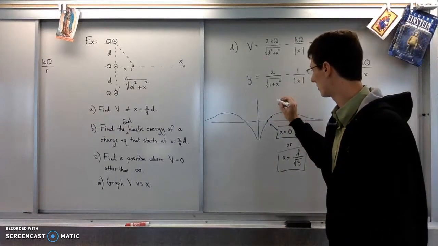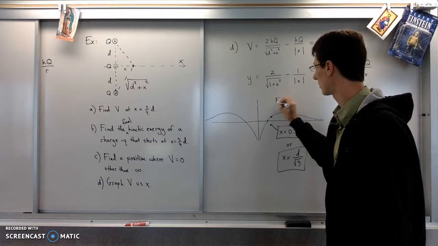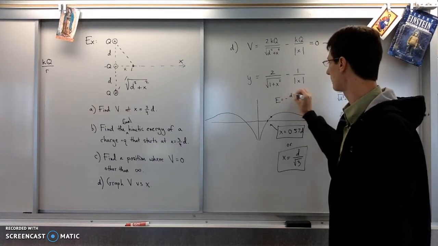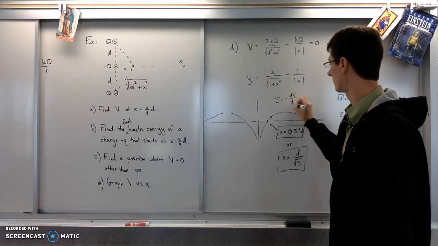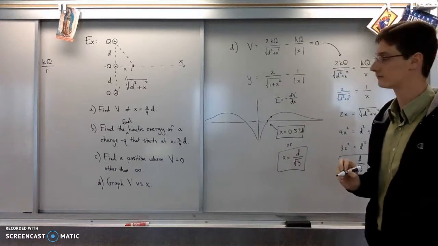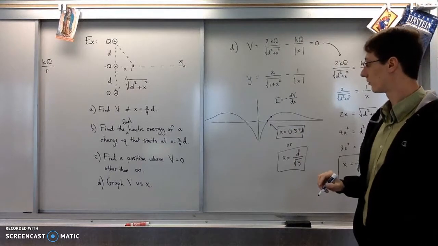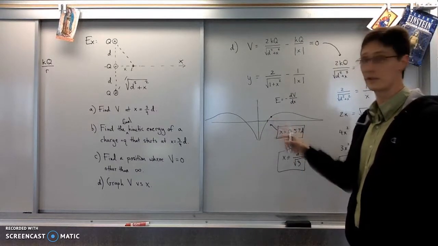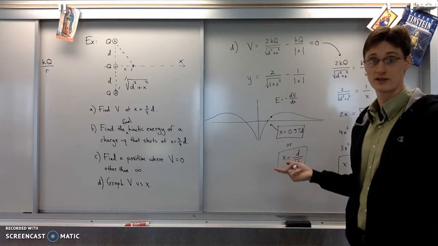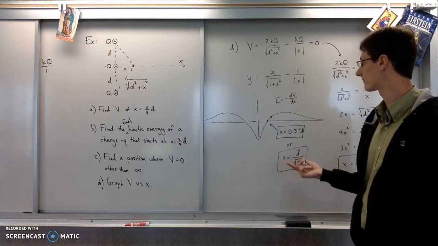Electric field, if you recall, is the negative derivative of potential. So what that means is the slope here corresponds to the value of the electric field.